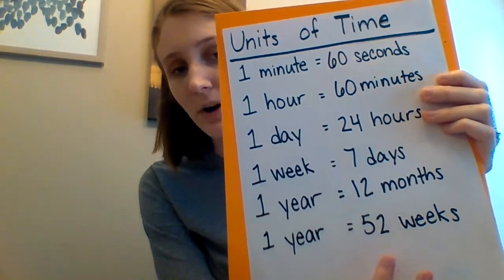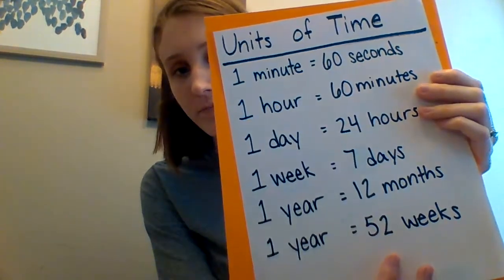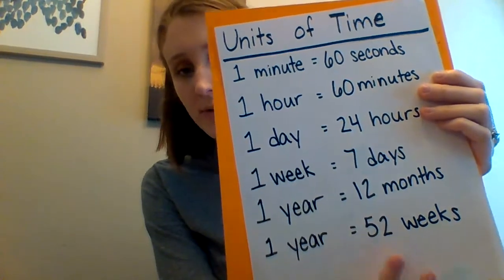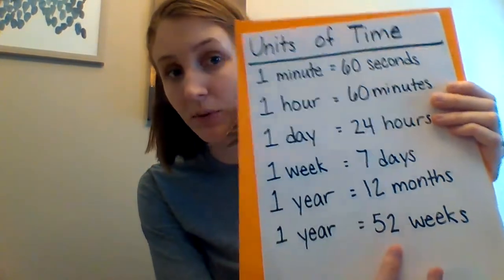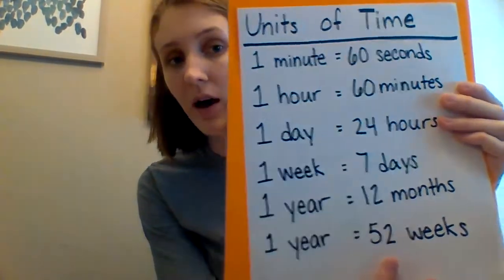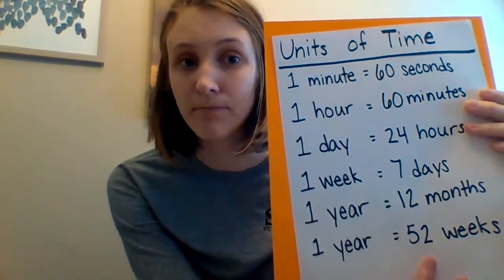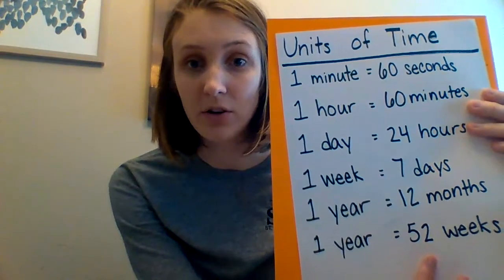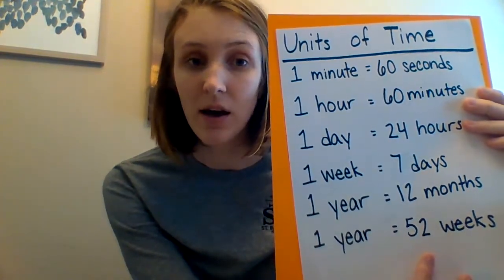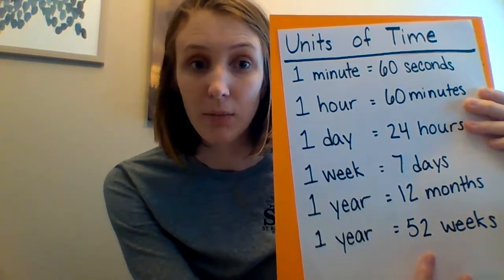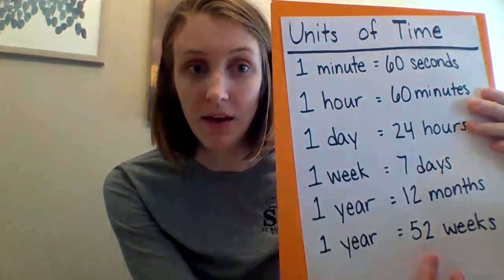But for the most part, this should look pretty familiar. So use this chart to help you. It will be on your Google form. When you go to do Think Central, before you go to the personal math trainer, you may want to copy this chart down to help you solve the problem. So I would recommend that.